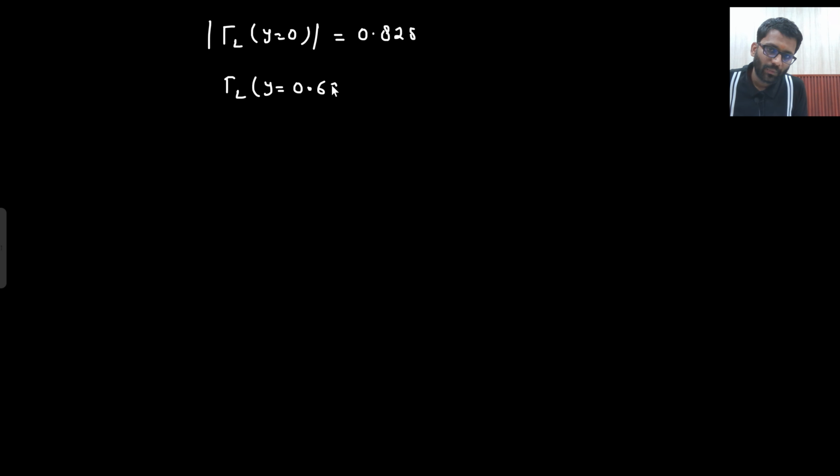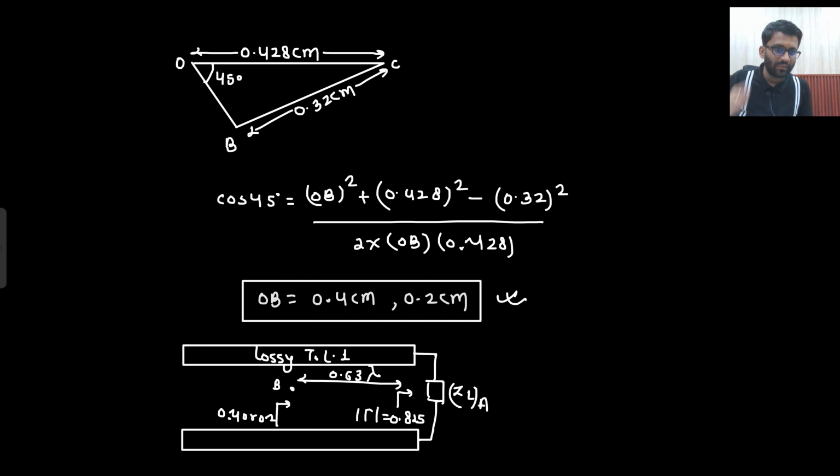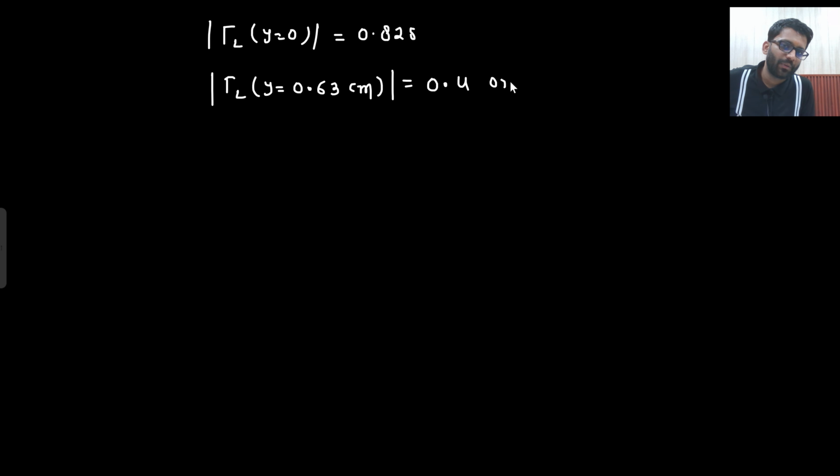What really happened here is that mode of gamma L at y equals to 0 was 0.825. Then mode of gamma L at y equals to 0.63 lambda, where lambda is 1 centimeter only, has become 0.4 or 0.2.